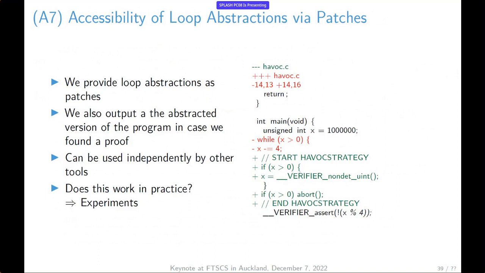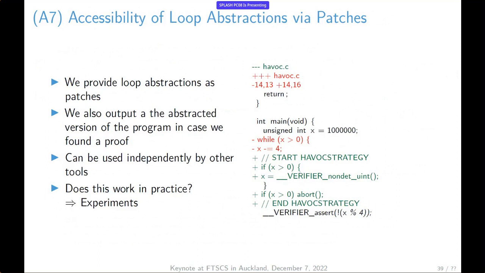So the idea is to identify approaches that are good for verification, but make them accessible in a way so that other people can use them without having to dig into the program and change and manipulate the implementation of the verification tool. Verification tools are very complex software systems.